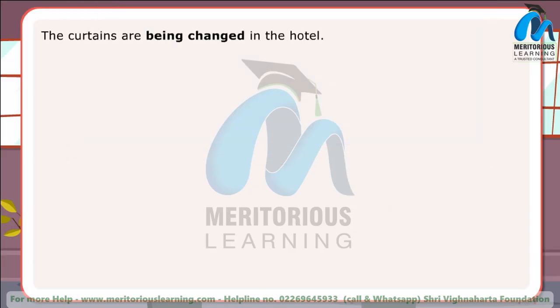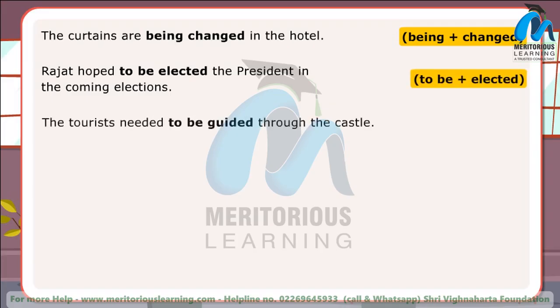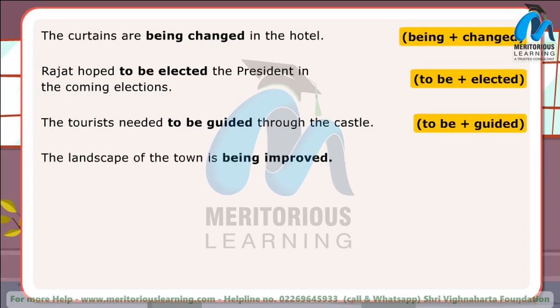The curtains are being changed in the hotel. Being plus changed. Rajat hoped to be elected the president in the coming elections. To be plus elected. The tourists needed to be guided through the castle. To be plus guided. The landscape of the town is being improved.